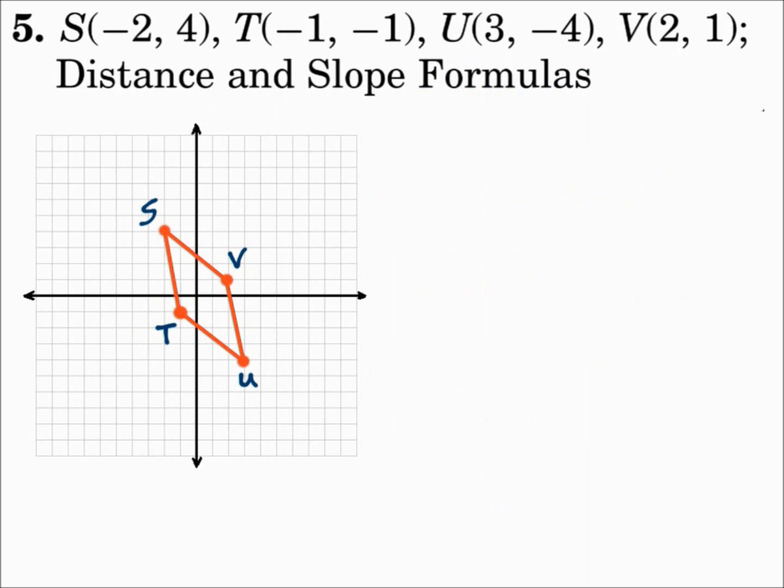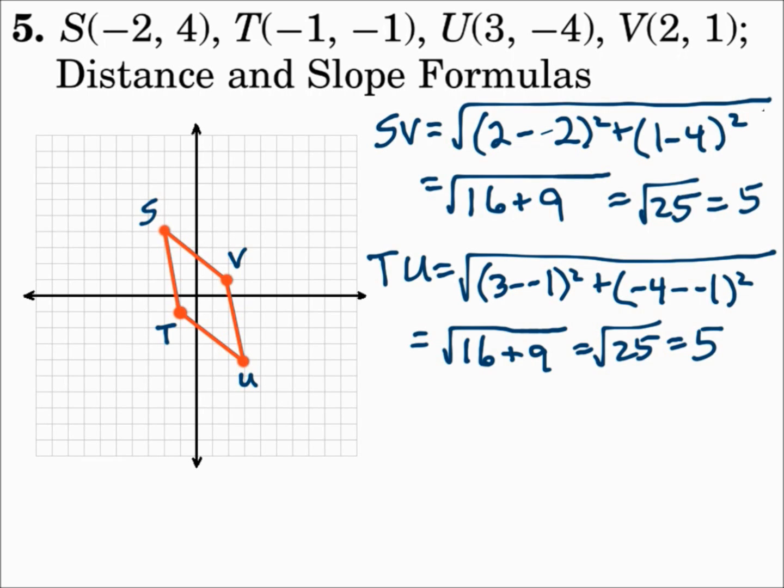Number 5 gives us the vertices, and it says use the distance and slope formulas. Well, distance will tell us if sides are congruent, and the slope will tell us if they're parallel. So the route I'm taking here is to see if one pair of opposite sides is congruent and parallel. So let's do the distance and the slope for sides SV and UT. When you do the distance formula, each of those sides has a distance of 5.